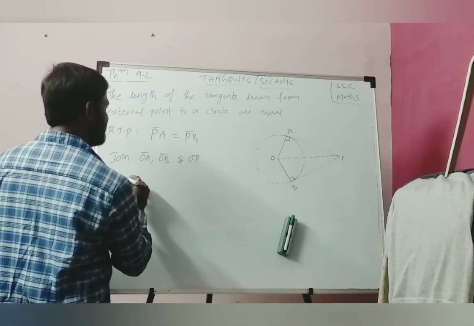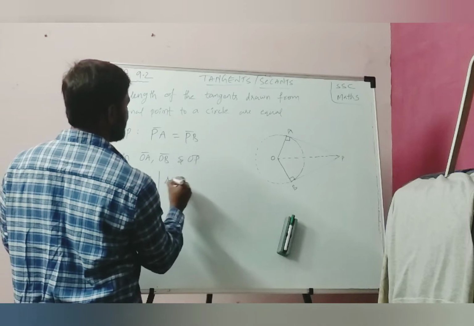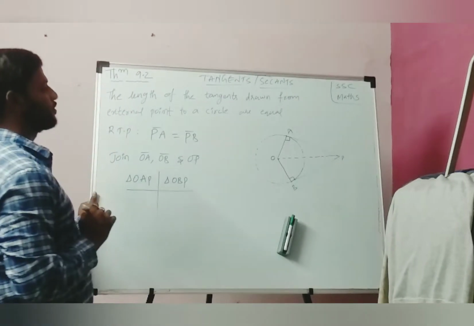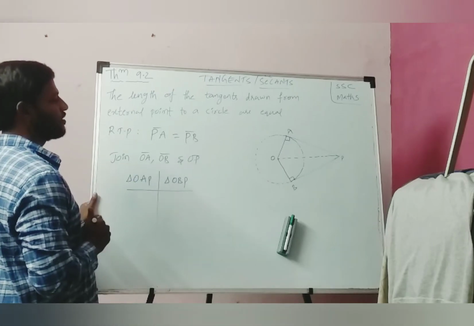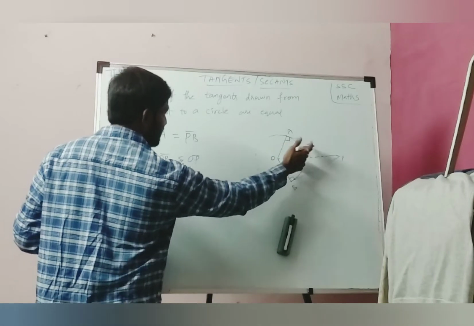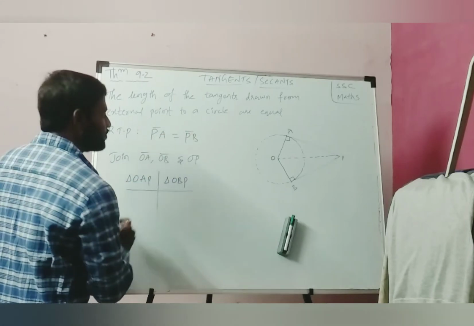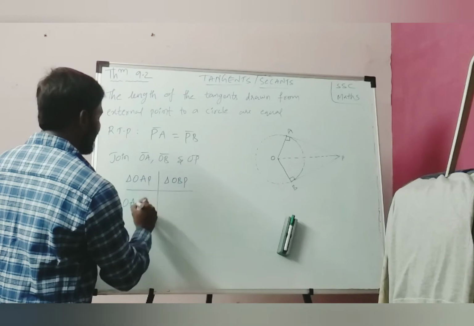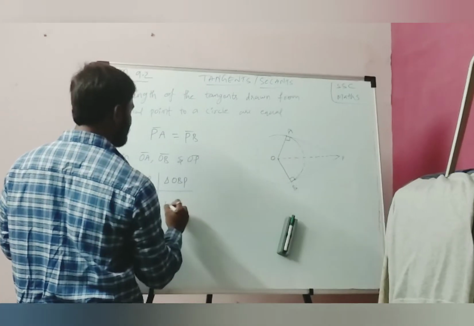First I am writing triangle OAP, triangle OBP. I am comparing the two triangles OAP and OBP. Now I am going to prove these two triangles are congruent. Since the tangent is perpendicular to the radius, can I write angle OAP equals angle OBP?